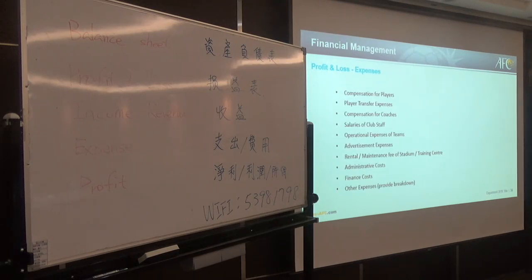With Ronaldo, we have expenses. Start from that side. For the expenses, we start from the far left. Transfer fee expenses. Player salary, compensation for the player. Those are the two easy ones.